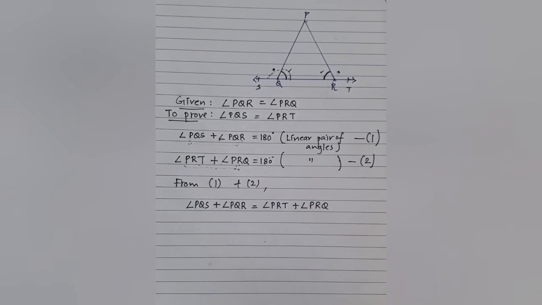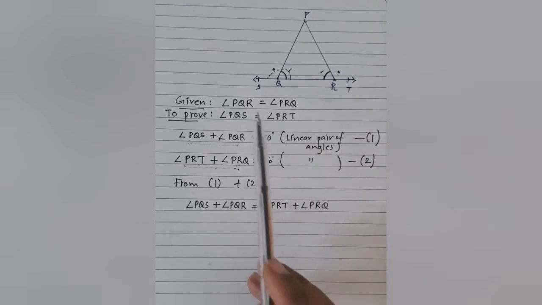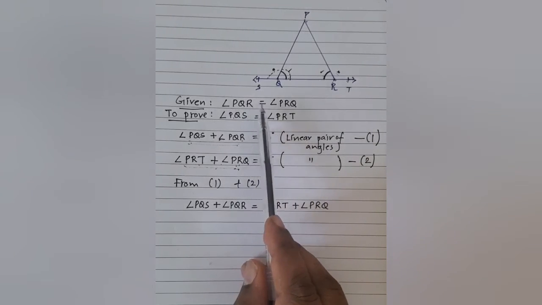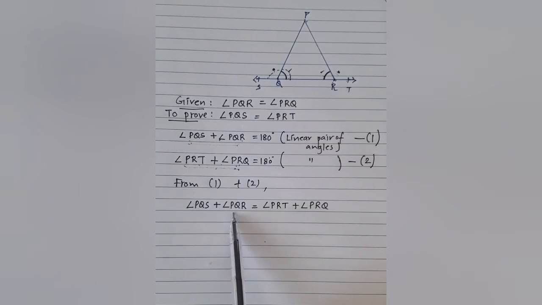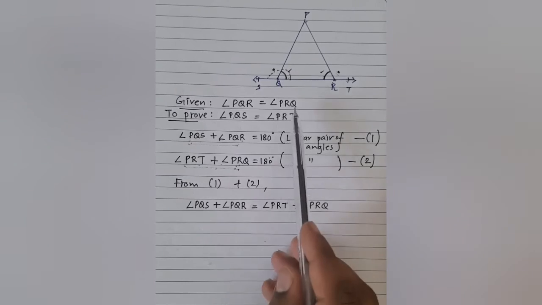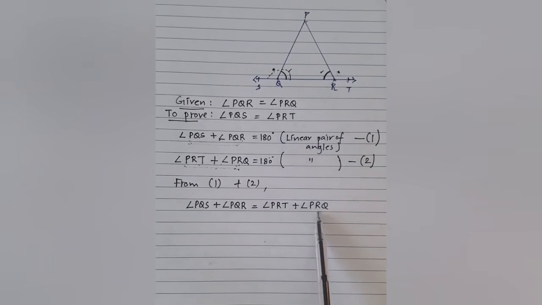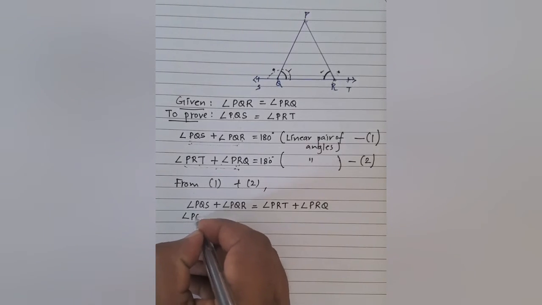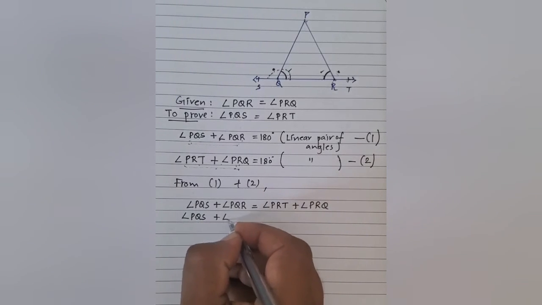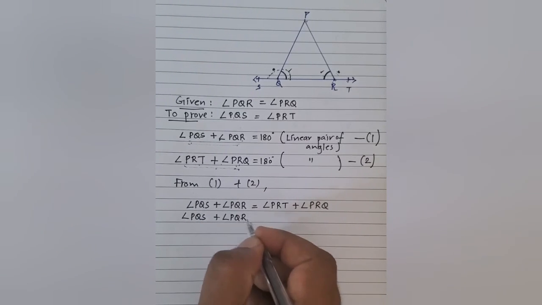But remember, there is a given data. And what's the given data? That PQR is equal to PRQ. Do we have these in the last step? Yes, I have PQR on the LHS, which is equal to PRQ on the RHS. So what I will do is write PQS plus PQR as it is.